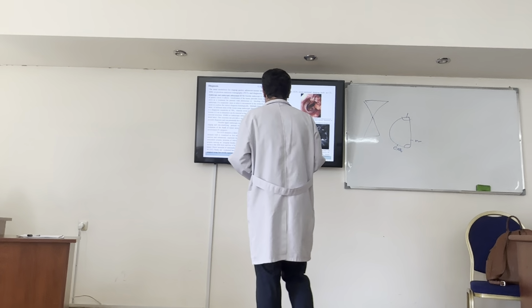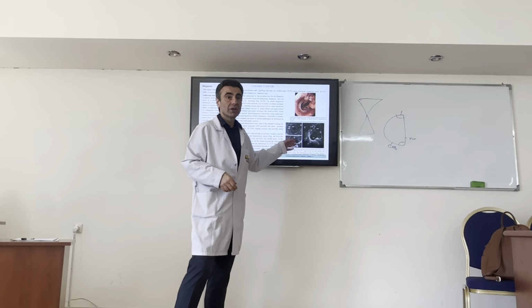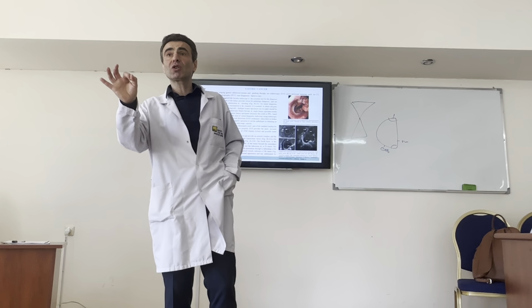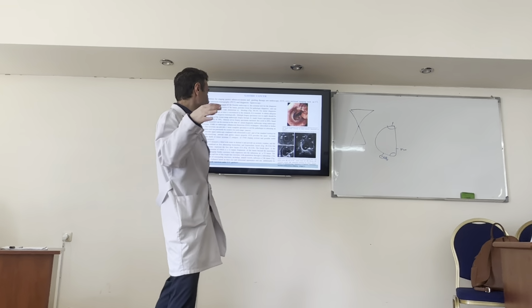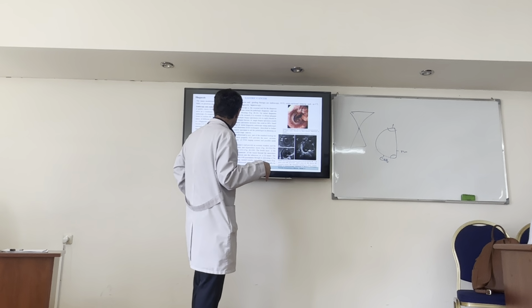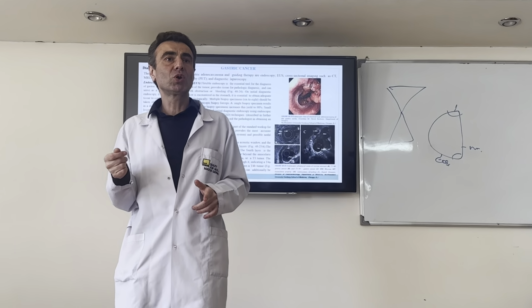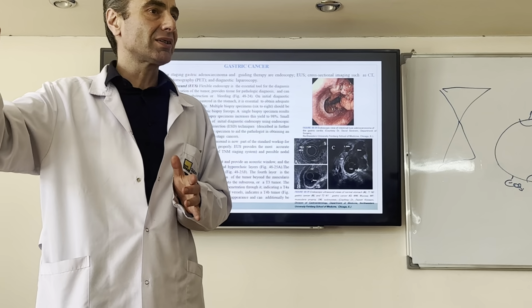Endoscopy with ultrasound. A great method, you can see it here. Walls of the stomach are shown by endoscopy with ultrasound as 5 rings. Remember, please, first 4 rings, it is the mucous membrane with submucous and with the muscularis mucosa.